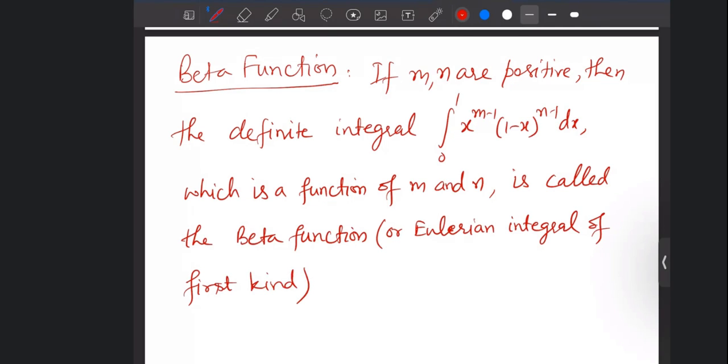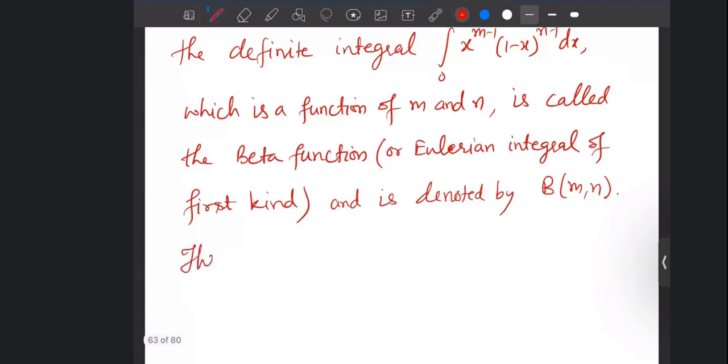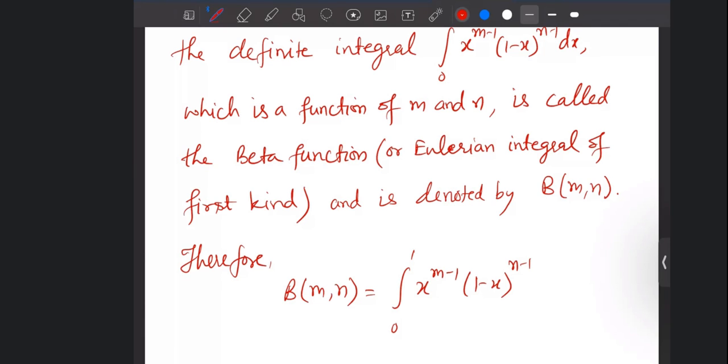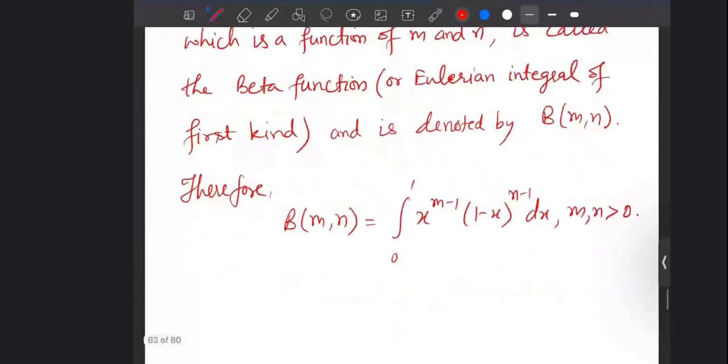Our gamma function is a Eulerian integral of the second kind and the beta function is a Eulerian integral of the first kind, and is denoted by B of m, n. Therefore, beta m, n is equal to the integration from 0 to 1 of x raised to the power m minus 1 into 1 minus x raised to the power n minus 1 dx, for m and n both positive.